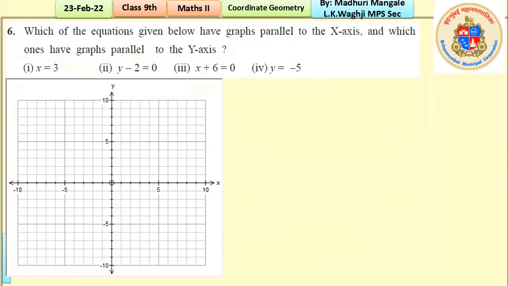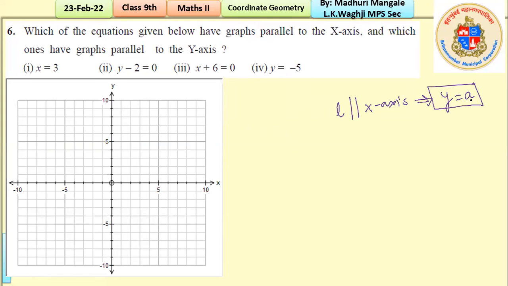Okay, now this question can be asked for 2 to 3 marks. Which of the equations given below have graphs which are parallel to the x-axis and which are parallel to the y-axis? Remember one thing, students, something very general: if a line L is parallel to the x-axis, the equation will always be y equals a, any number.